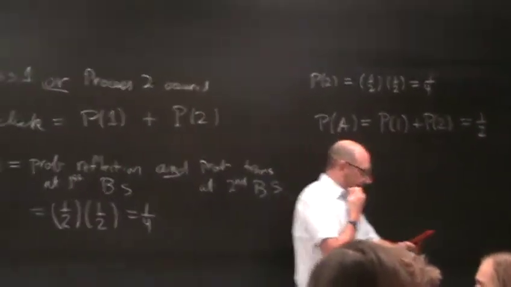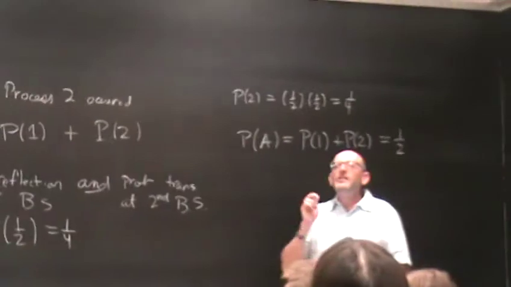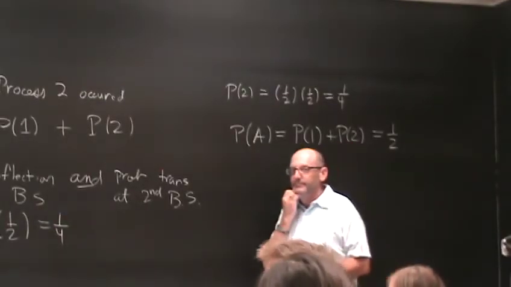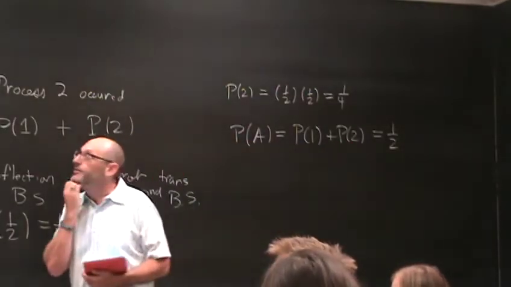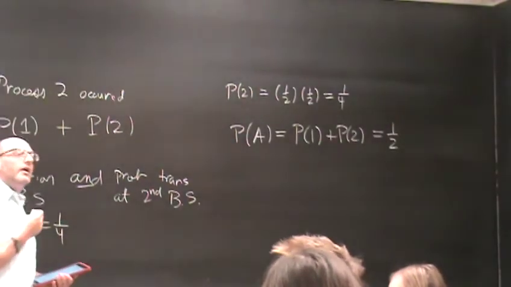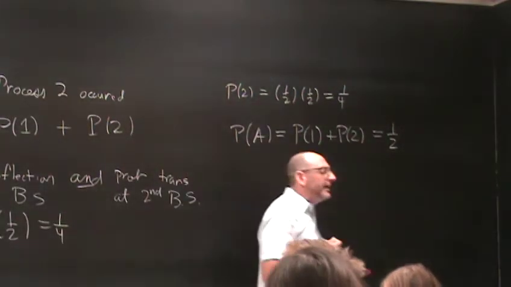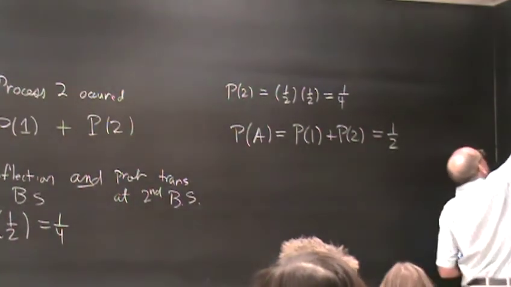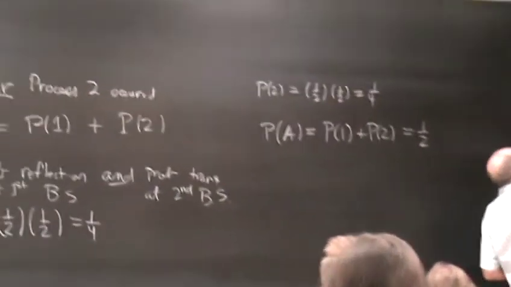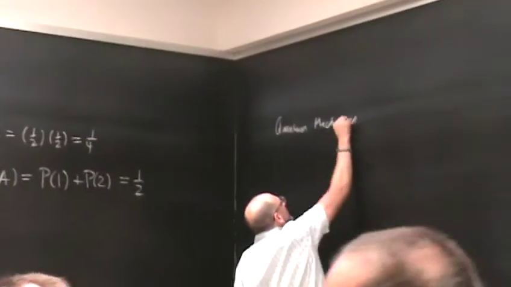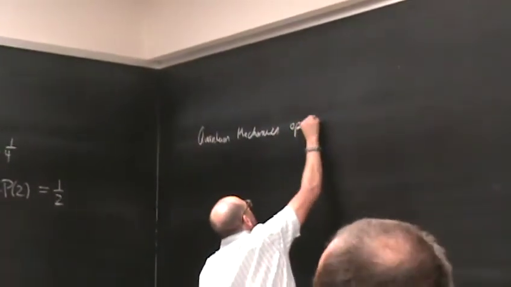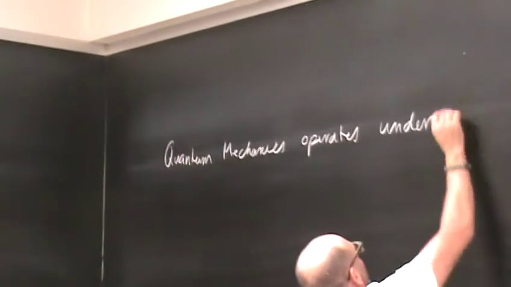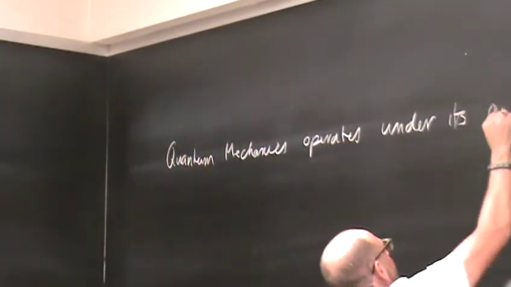Okay? So that brings us to our key idea, the probability amplitude. What the rules of quantum mechanics tell us is that quantum mechanics operates under its own law.